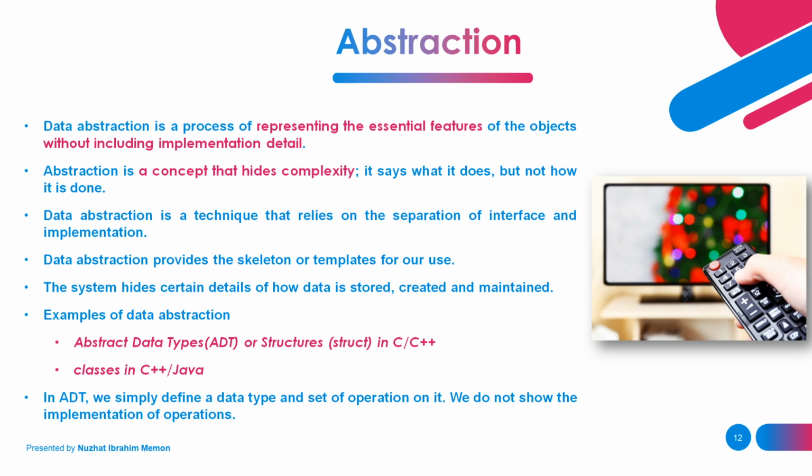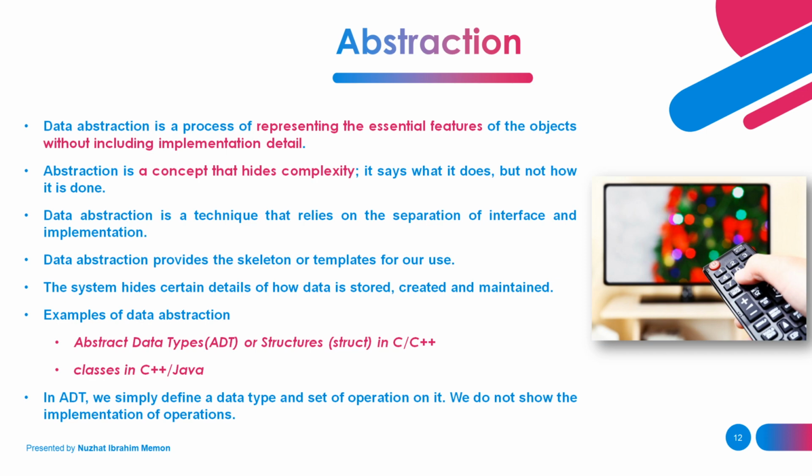The user knows which key to press for what function, but implementation details, like how it gets the signal, how the signal is encoded, and how it is converted into light, are hidden because normal people can't understand that complexity. So all such complexity is hidden.